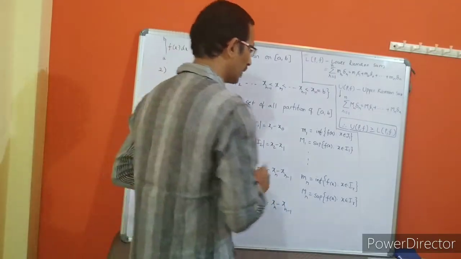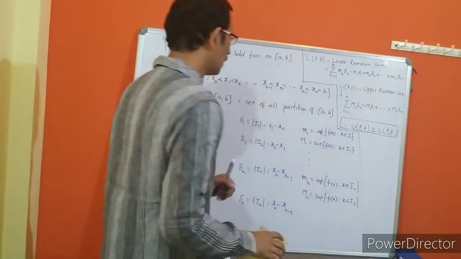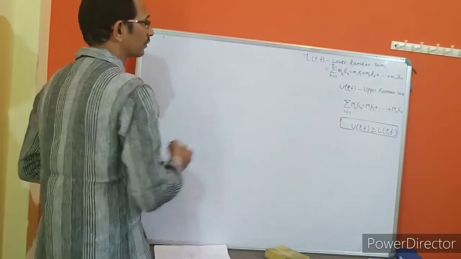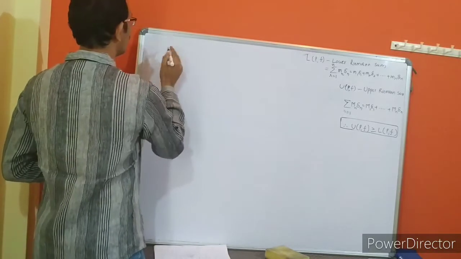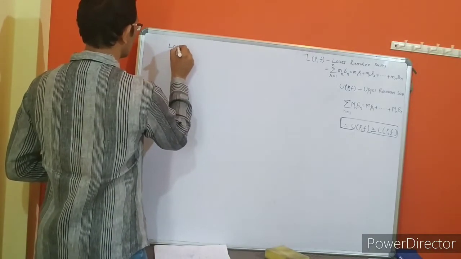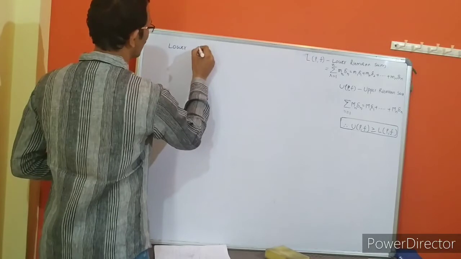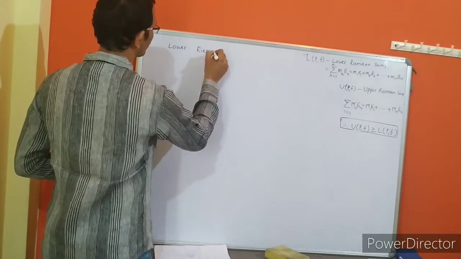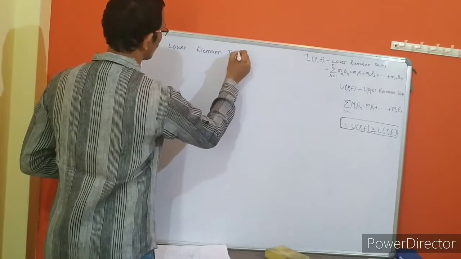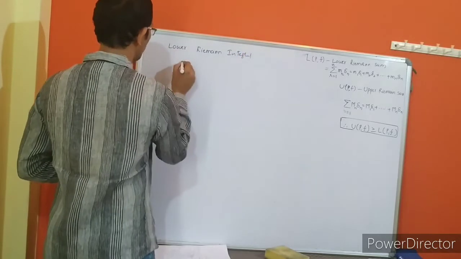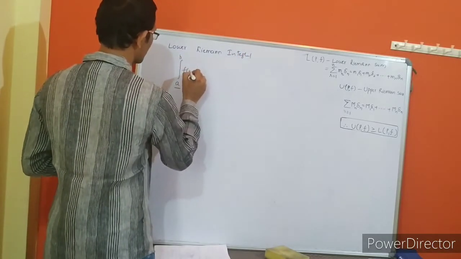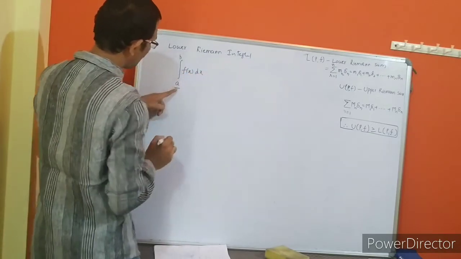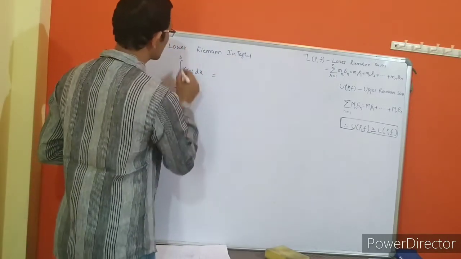Now, after defining the lower Riemann sum and upper Riemann sum, we have defined the lower Riemann integral, denoted by integral a to b f of x dx with an underline, which indicates the lower Riemann integral.